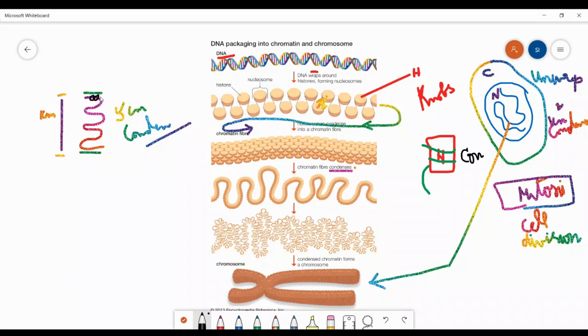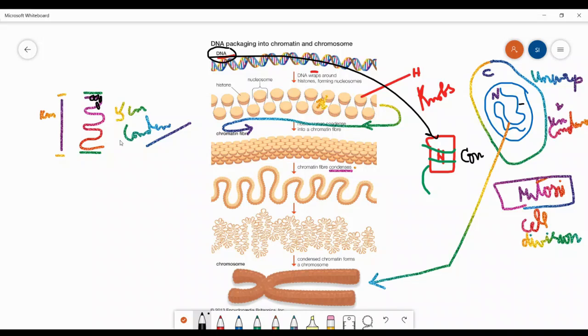So not just the whole DNA chain is first, as you can see, wrapped around the histone, and then those chains are themselves condensed by this process of serpentine chain formation, rather than being in a straight line or an uncondensed, unpackaged manner.